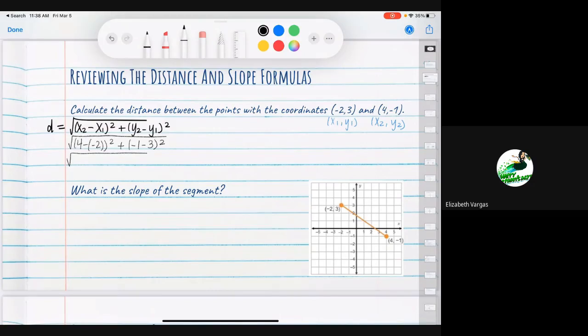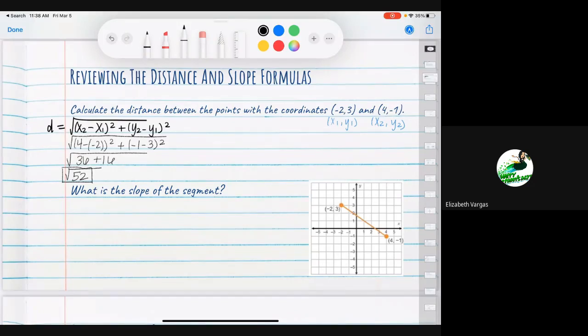We get 36 plus 16, and that leaves us with 52. And so our distance would be the square root of 52 because there isn't an exact square root of 52. And so that's how we go about finding the distance between 2 points.